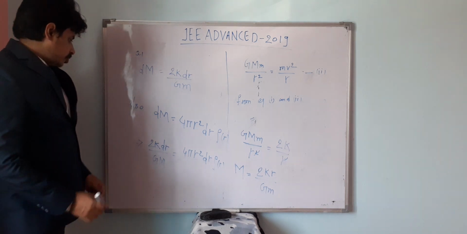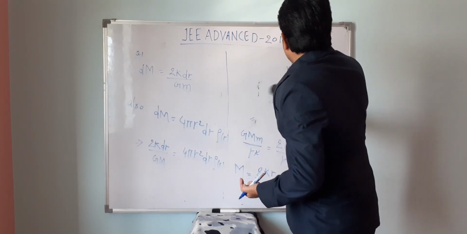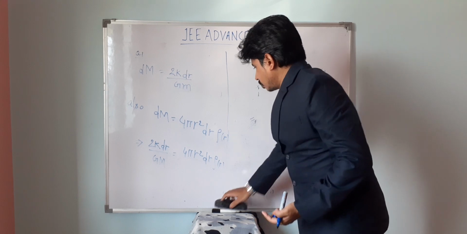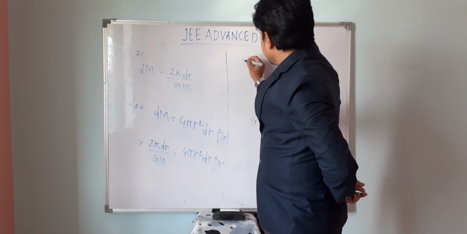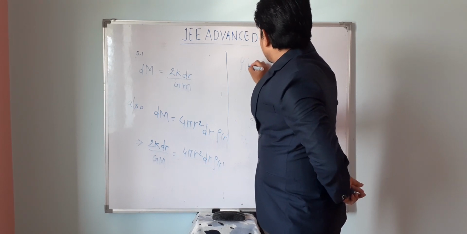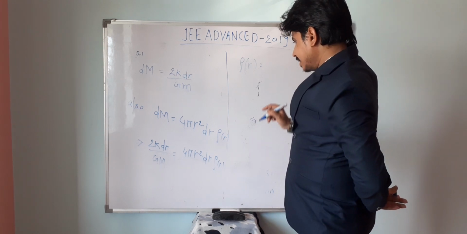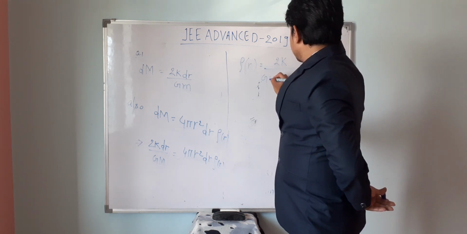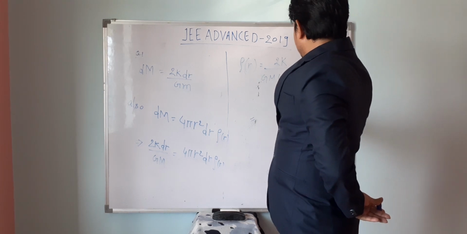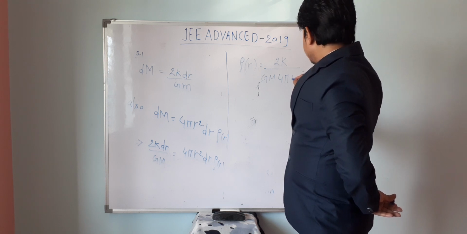So from here we can find the rho. From this line we can write rho as a function of r is equal to, dr cancels, 2K by G m and 4 pi r square.